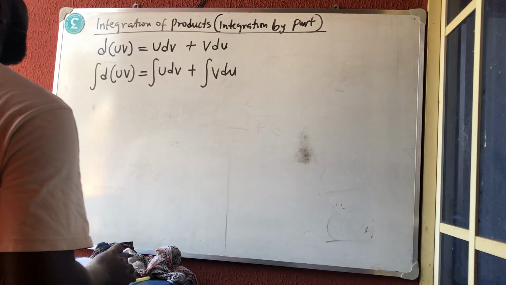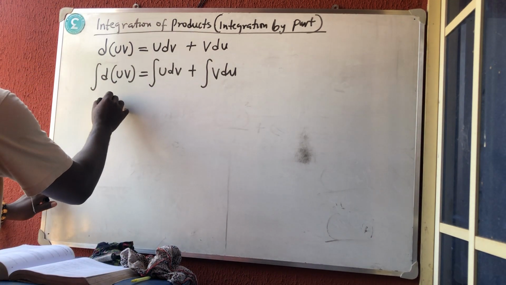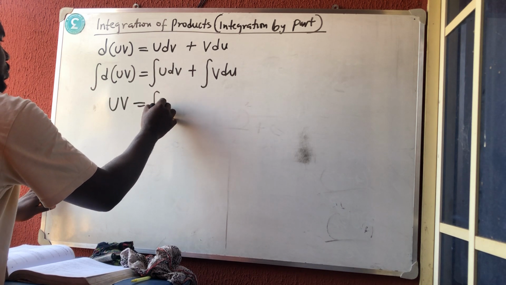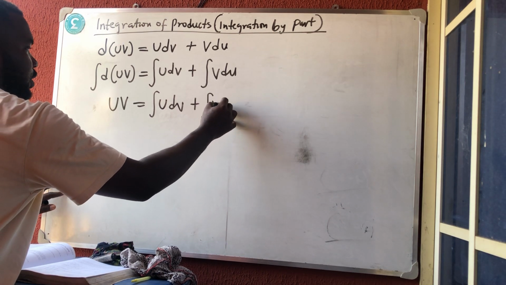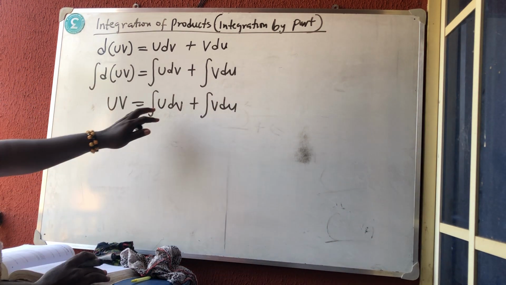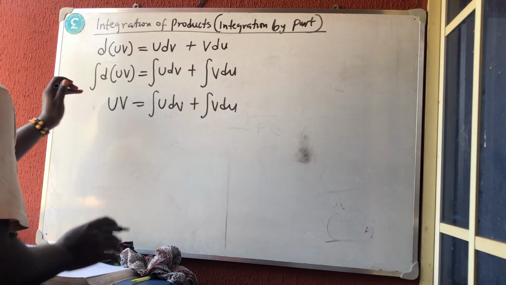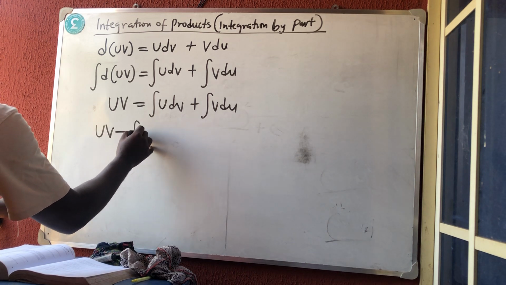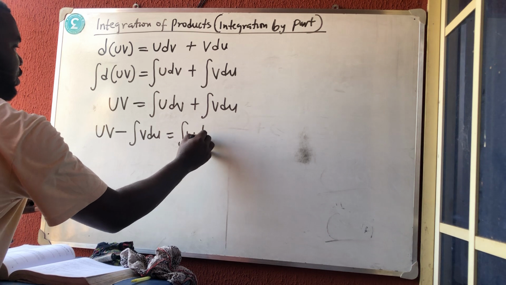Okay, now integration is the opposite of differentiation. They will cancel out. So I'm having here uv is equal to the integral of u dv plus integral of v du. So I want integral of u dv to stay alone. So this one will come here. So I'm having uv minus integral of v du is equal to the integral of u dv.